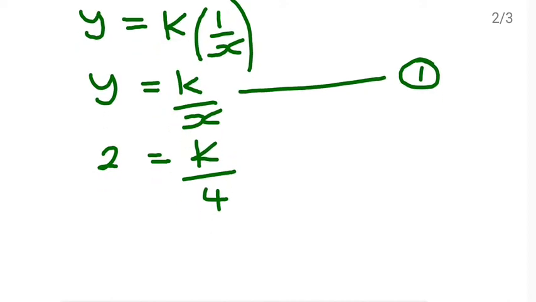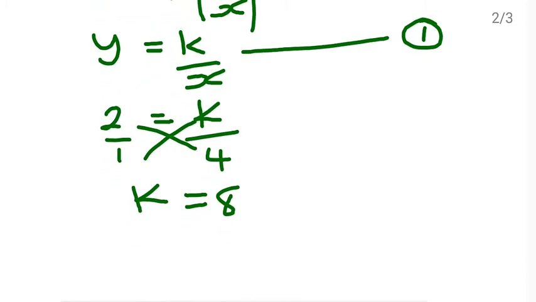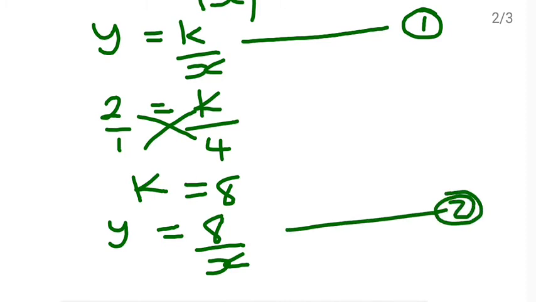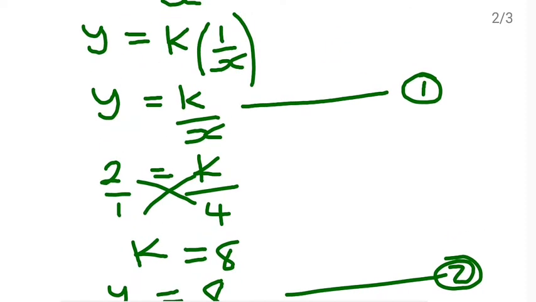From here we cross multiply so that we get k as 8. You put back the value of k in equation 1 so that we can get any value that we want to get. So we are going to write y equals 8 over x. You can call this now equation 2, and you go back to the question.